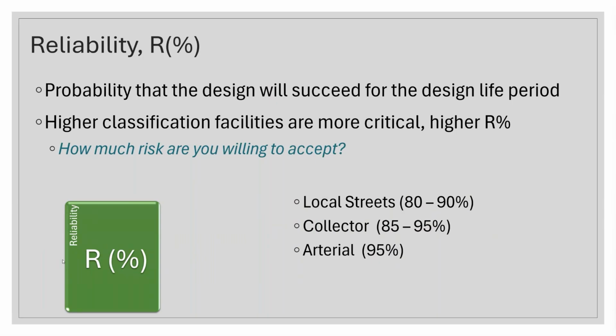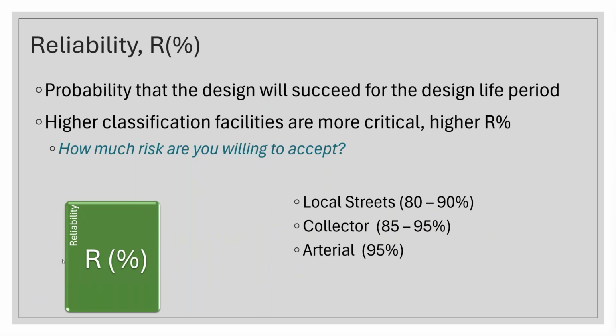Arterials tend to carry the most traffic. They're thought of as more critical. So I want a very high reliability level for those arterial roadways, where I might be apt to accept a little bit lower reliability on a subdivision street or something like that.